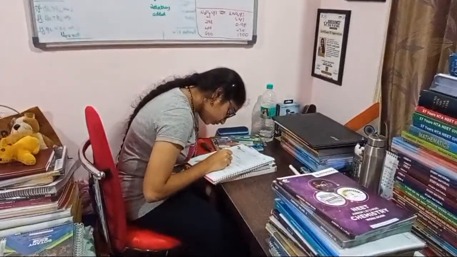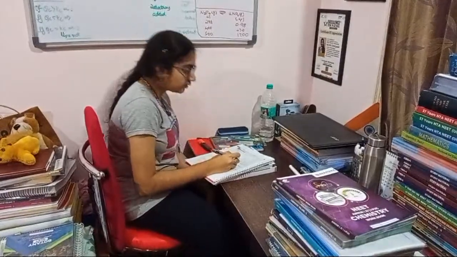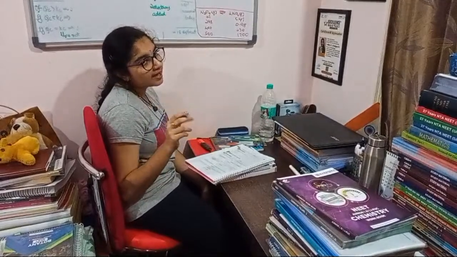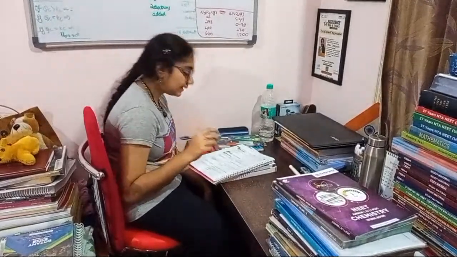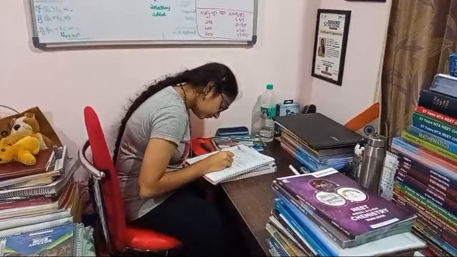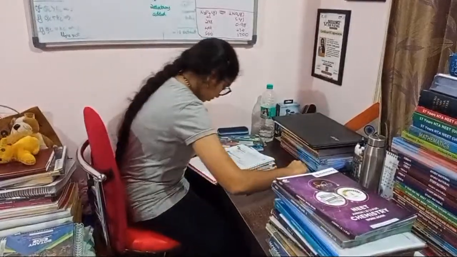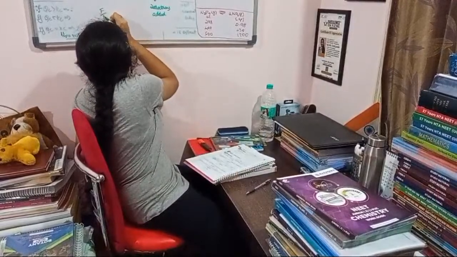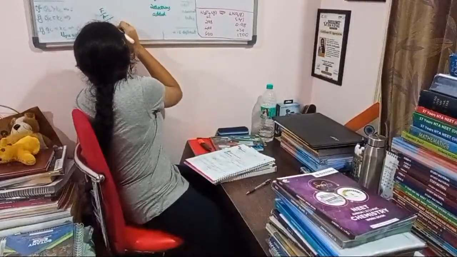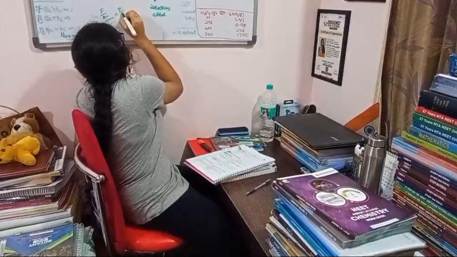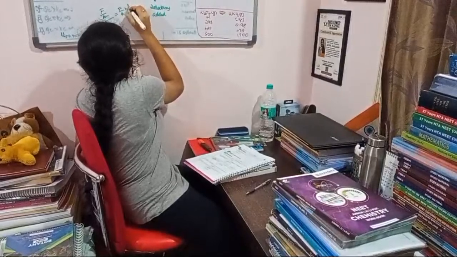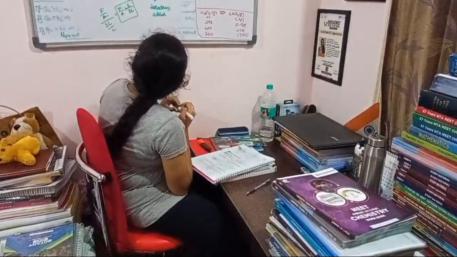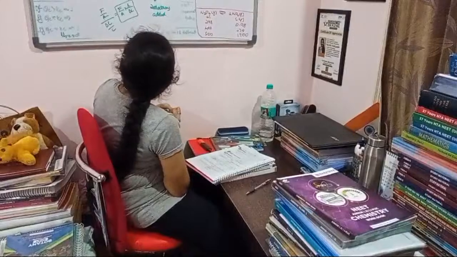So force per unit area, that is F by A divided by delta L by L, which equals F by A into L by delta L. That's the formula of Young's modulus of elasticity.